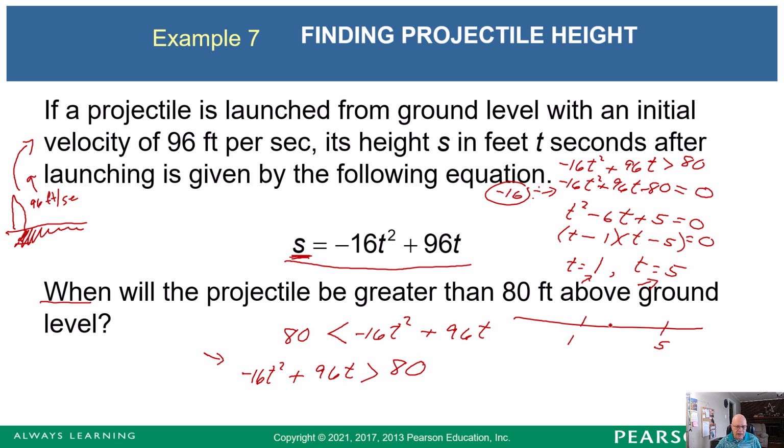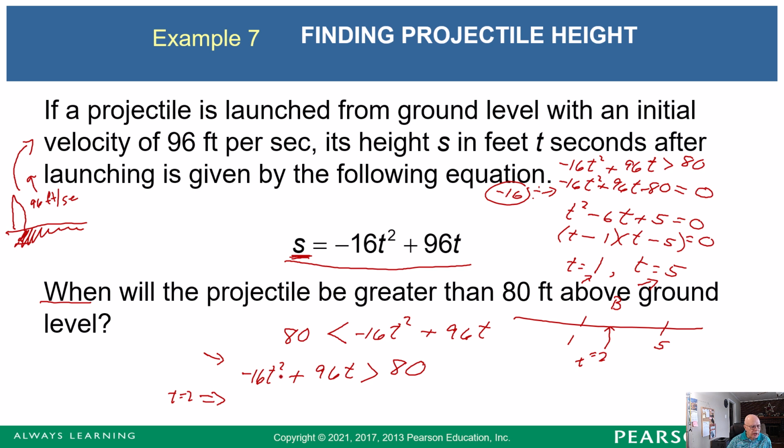So I'm going to take the middle route. I'm going to pick a 2 as my test point for this middle area. So I'll put the 2, t equals 2, I'll put it in here.